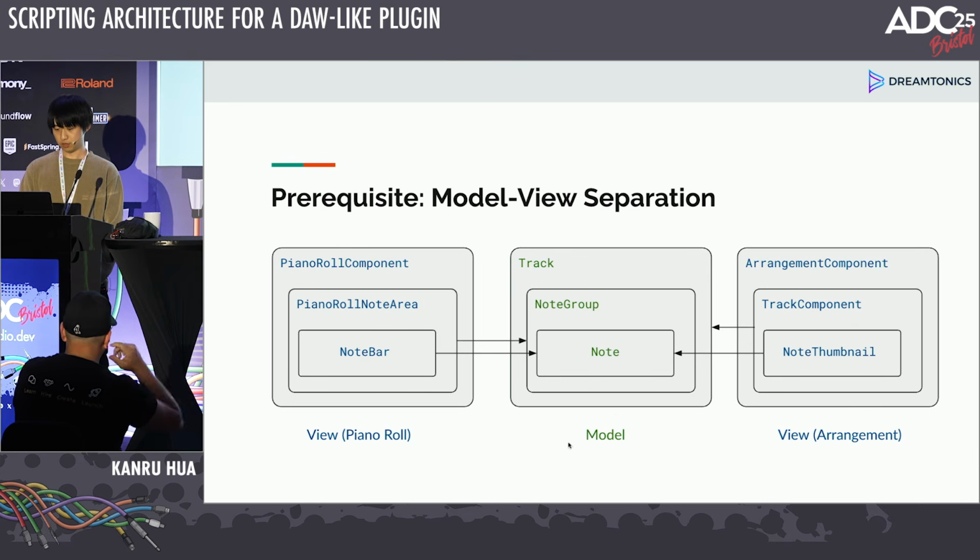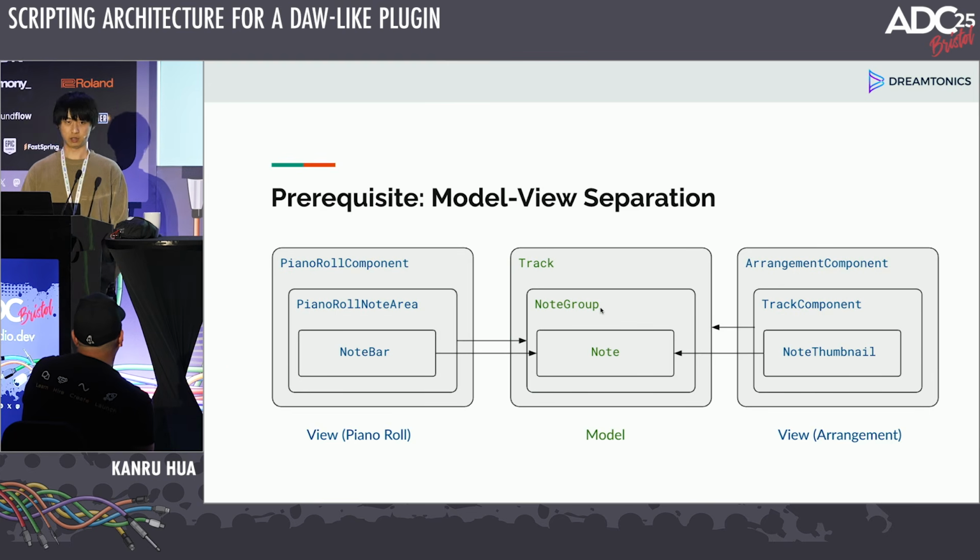For why this is important, look at what data in the model we have. We have track, node group, which is like clips in certain DAWs, and inside node groups there are nodes. They can be referenced by multiple view components. So a node could appear inside a piano roll. It can also appear in the arrangement as a thumbnail.